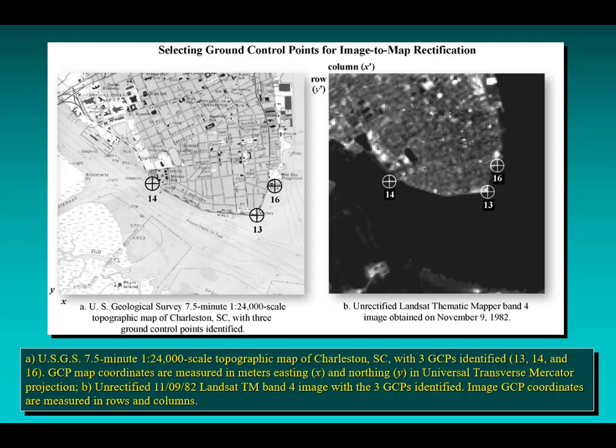And in order to as accurately and precisely locate those ground control points at the sub-pixel, floating point level within our unrectified image, we're going to want to zoom way in on those particular pixel locations, to the extent that we would maybe only see that single pixel or a handful of surrounding pixels.